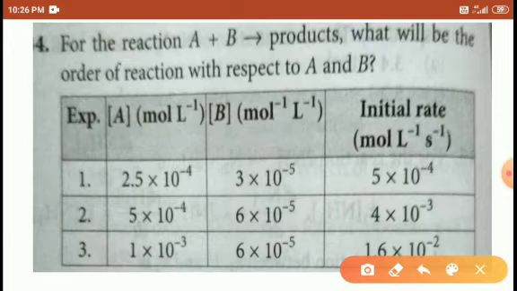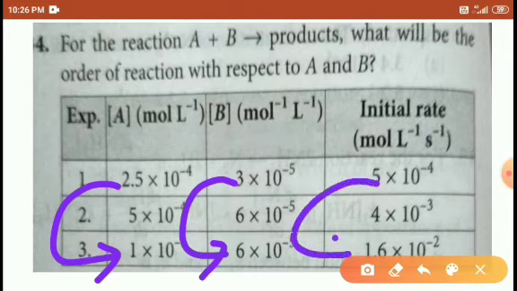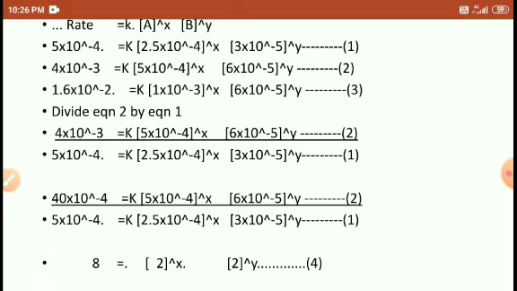Then the concentration of A decreases to 2.5 to 1 and the concentration of B increases to double, and the rate increases here, right students? So how do we calculate in this reaction? First we have to take the common value.